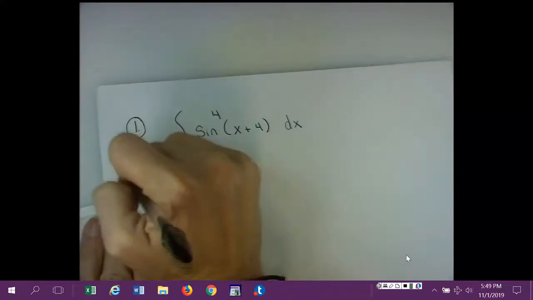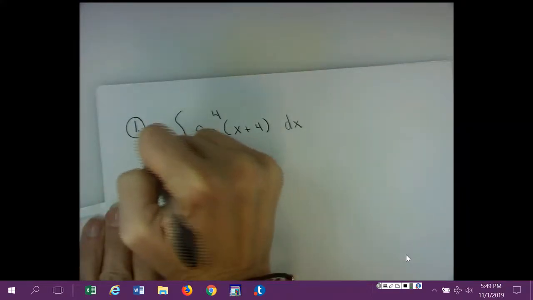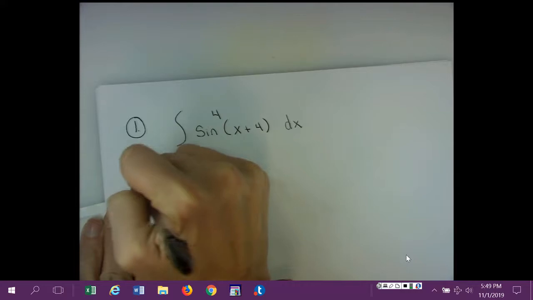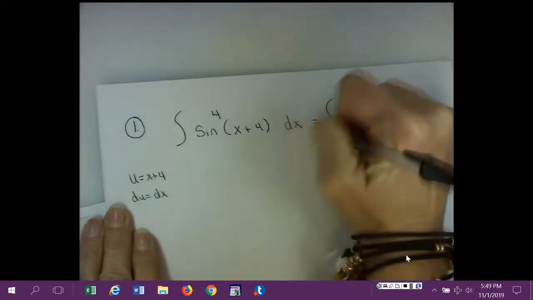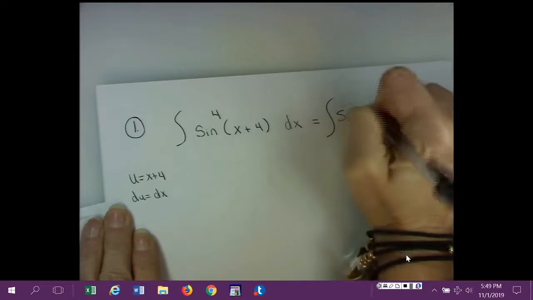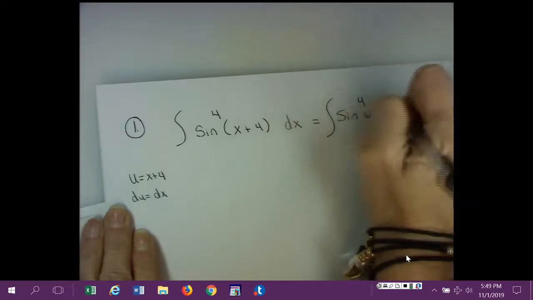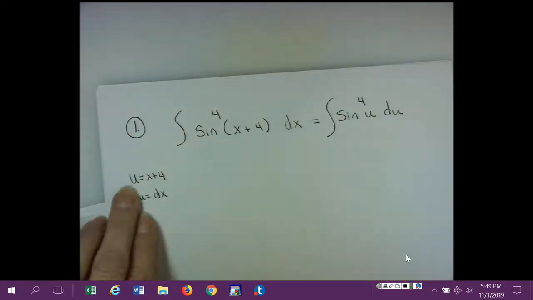You will do u sub, and this becomes sine of u to the 4th power. Because u was x plus 4, I did not have to multiply the inside by any type of scalar and its reciprocal or any type of form of 1.